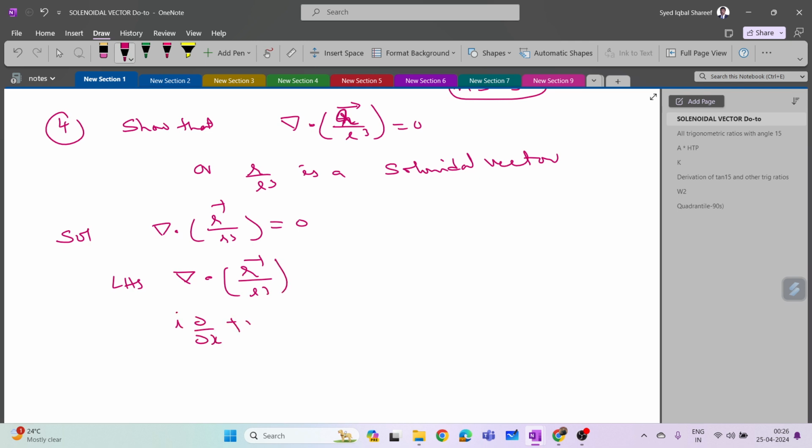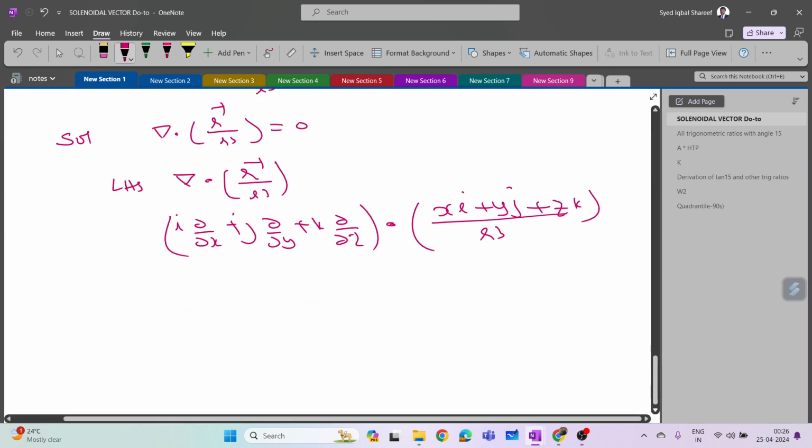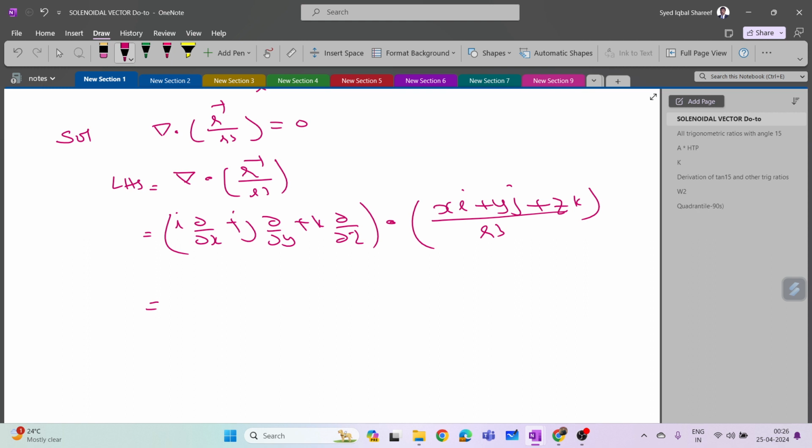What is your del? i ∂/∂x, j ∂/∂y, k ∂/∂z, dot product vector r, which is xi, yj plus zk, by r³.